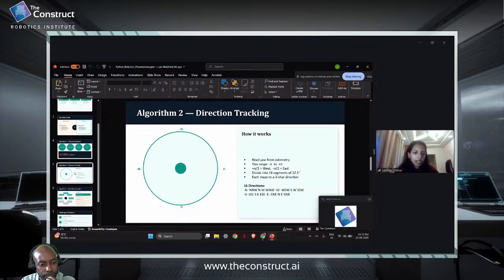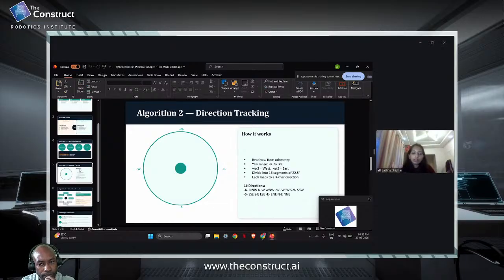Secondly, we have the direction tracking algorithm. Here the robot obtains its orientation from the odometry data in the form of yaw. The yaw values range from negative pi to positive pi radians. To provide a representation of the orientation, the entire 360 degrees range has been divided into 16 equal segments of 22.5 degrees each.